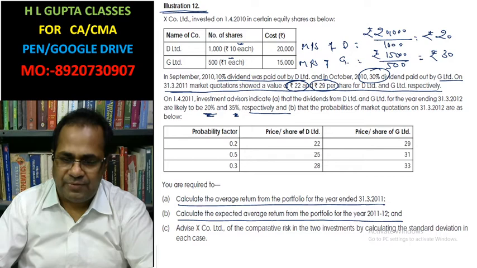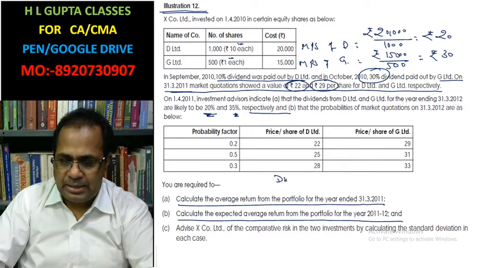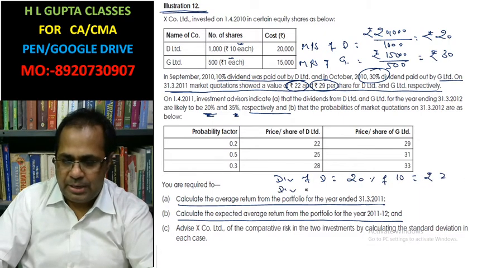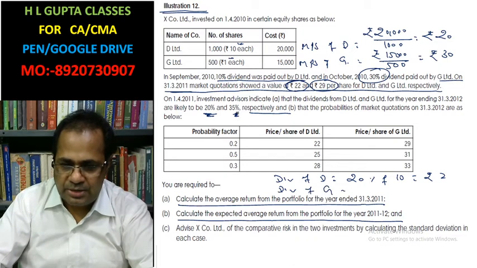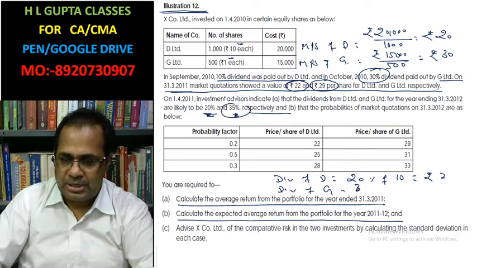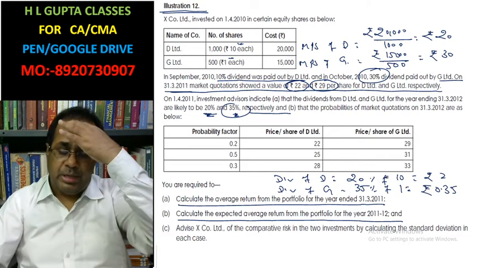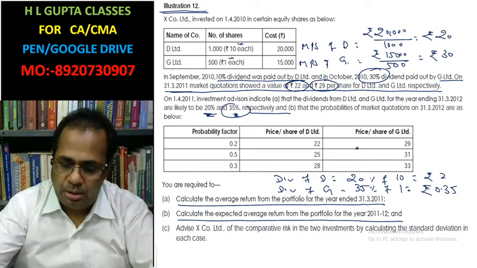Then what will be the dividend? Dividend of D is 20% of ₹10, that equals ₹2, and dividend of G is 35% of face value, that is 1, so 0.35, and market price are given here.